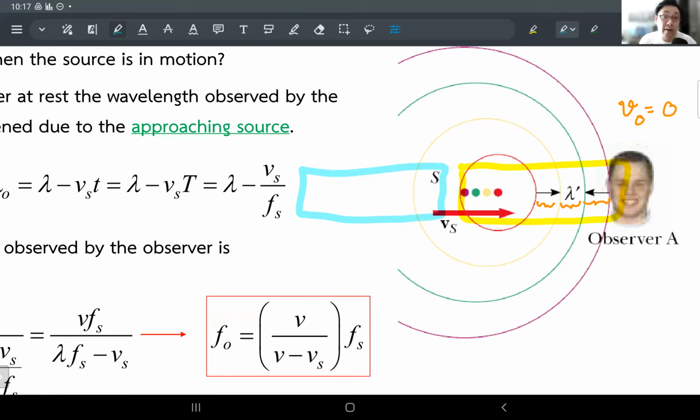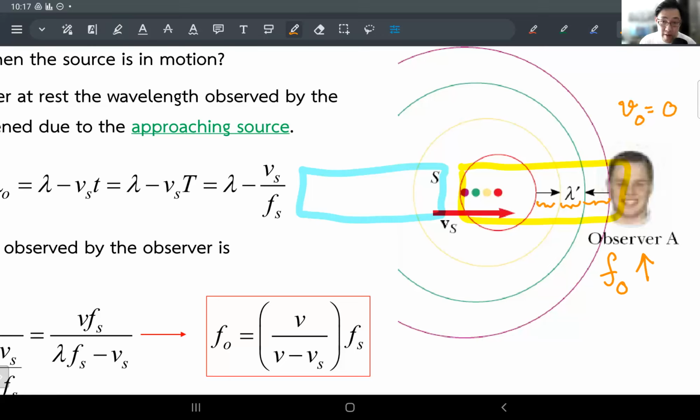Now you have your choice to stay in the front or in the back. In this particular figure, when the observer is in the front, what do you think will happen to the frequency observed? The frequency observed by the observer will be higher. Why? Because the wave fronts get squeezed in, so the number of hits that get to the observer's ear is higher than usual relative to when the source is not moving.